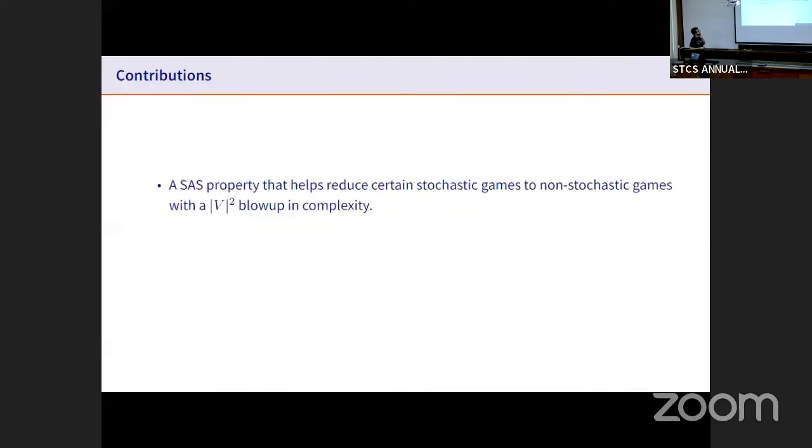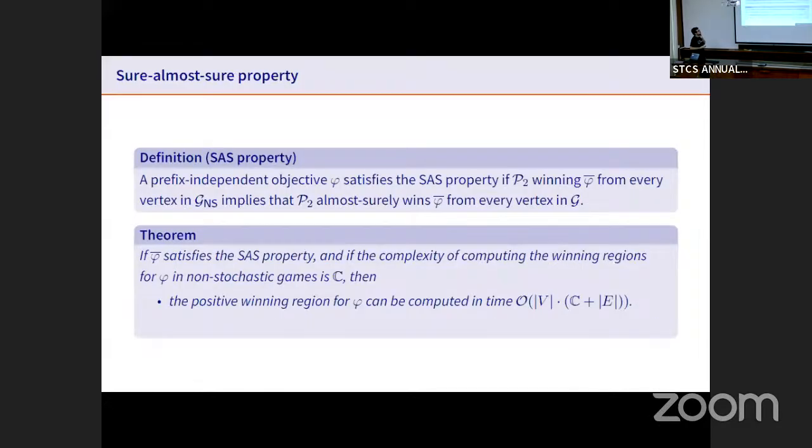So the conclusion is this. We also managed to extract a property for which, given an algorithm for a non-stochastic game, you can make a similar reduction to stochastic games. And you only incur a blow up of V and V square. We call this the sure almost sure property.